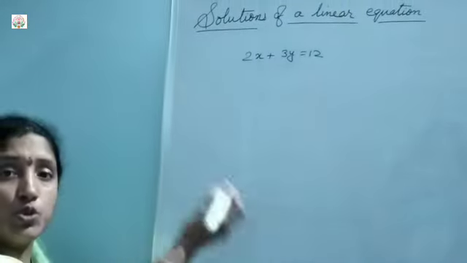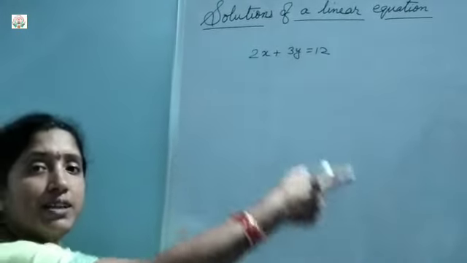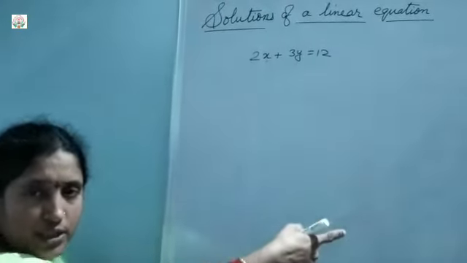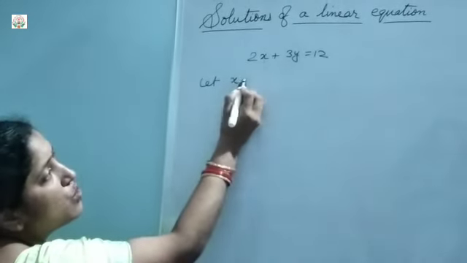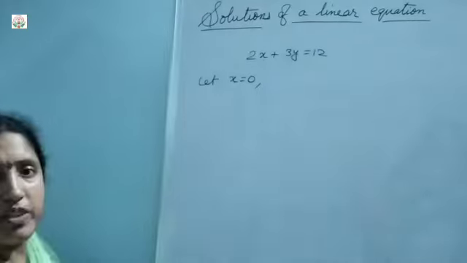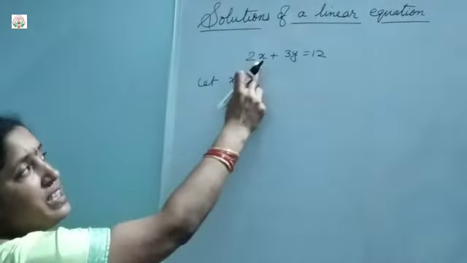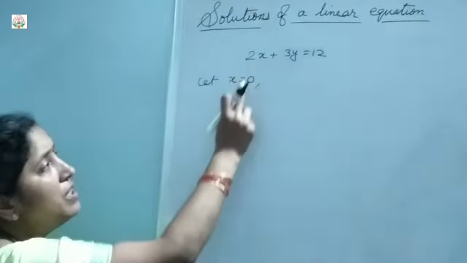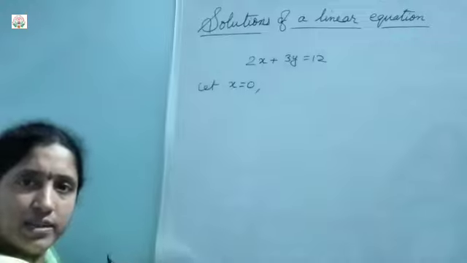So now in this case, how will you find different solutions? We have to assume a value for one variable and get the solution for the other variable. For example, let x = 0, I am assuming. Means I will put in this linear equation the value of x as 0. Then I will get the value for y.